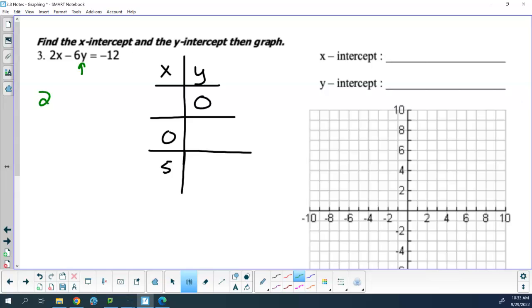So then I get 2x minus 6 times 0. 6 times 0 is 0, so that's gone, equals -12. Divide both sides by 2, and I get x is -6. So my x-intercept is the point -6, comma 0.